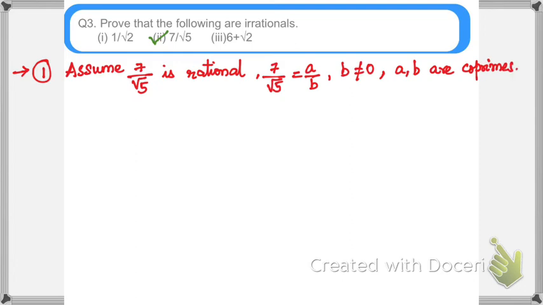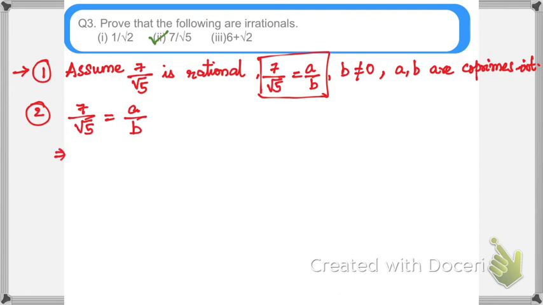Right? This is what we will assume. These are co-prime integers. Okay, this is our assumption. So here, writing the same equation once again, 7 by root 5 will give you a by b.